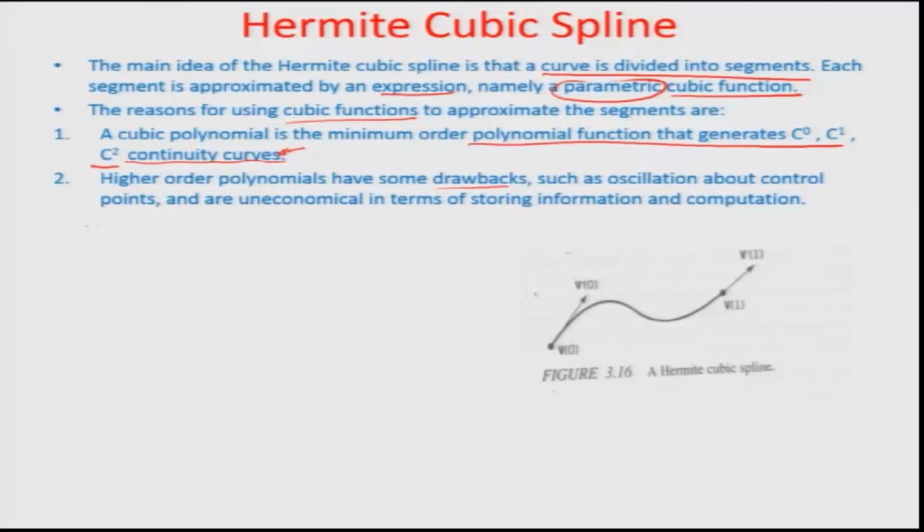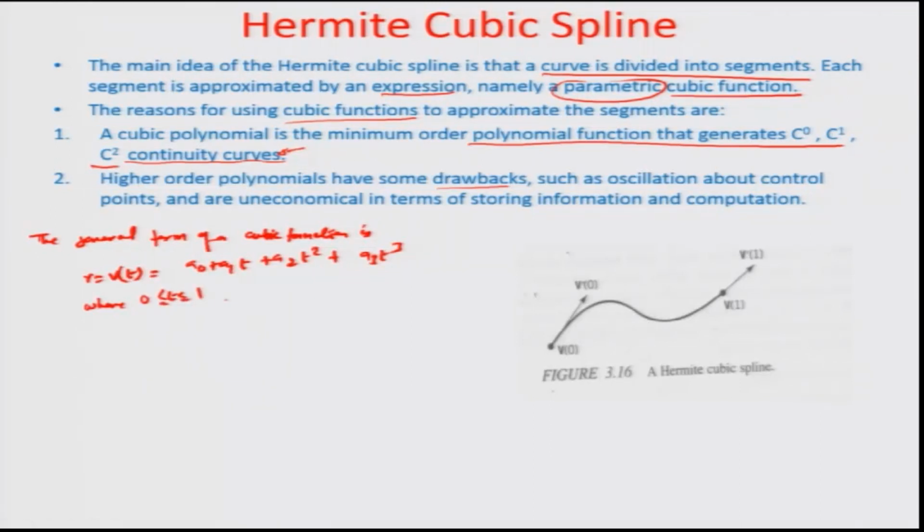So, the general form of a cubic function is a0 plus a1t plus a2t squared plus a3t cubed, where t varies between 0 and 1 and is the parameter.